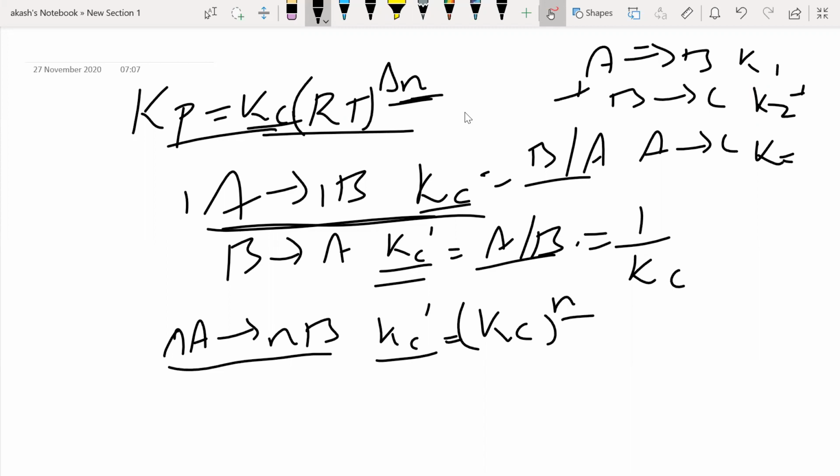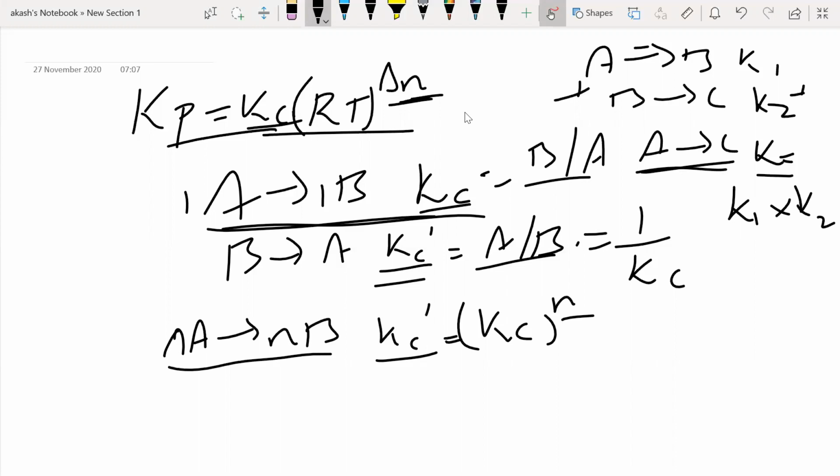So if you remember, you can see A giving C. How is it going to come? If I add these two reactions, A giving B and B giving C, I'm going to get A giving C, and the equilibrium constant K will be equal to K1 into K2. Right? We even proved it last class. You can just look into your notes if you have any doubts. So in this case, the third reaction's equilibrium constant is equal to K1 into K2, the product of the first two equilibrium constants.